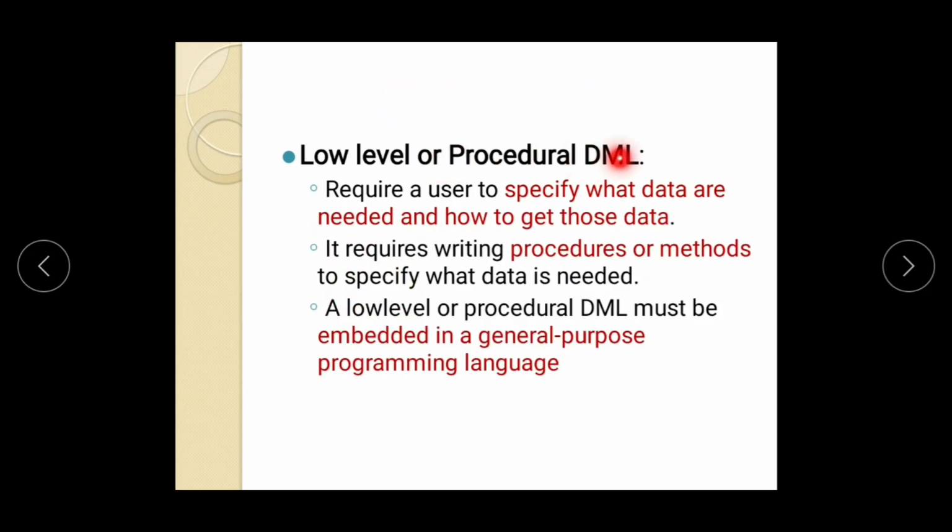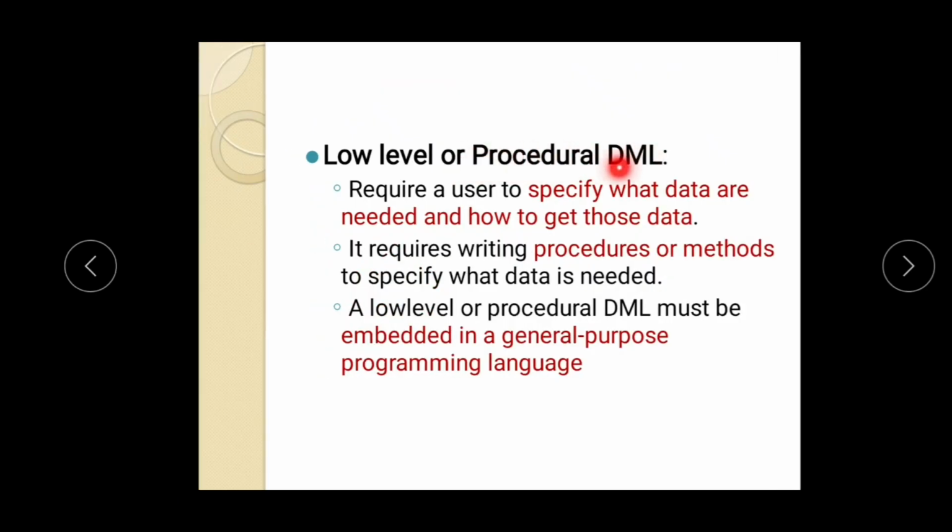So what is procedural DML? Procedural DML is also called low level DML. It specifies what data is needed and how to get that data. Two things a user has to specify: first, what data the user needs, and second, how to get that data.